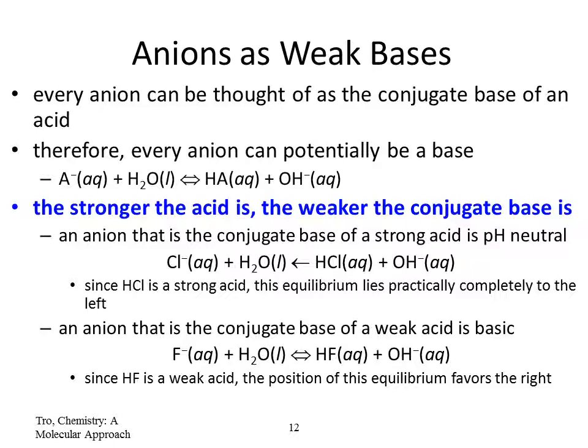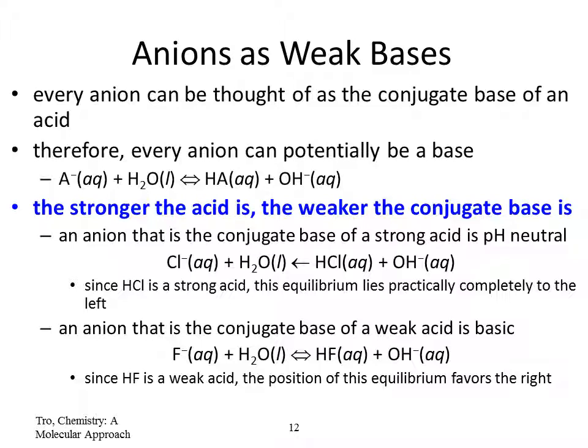So here you can see when HCl forms chloride after reacting with the base, this chloride is not going backwards, because the arrow goes only forward and there is no arrow for both sides. So the chloride is neutral. So the stronger the acid, the conjugate base is going to be weak, or neutral.